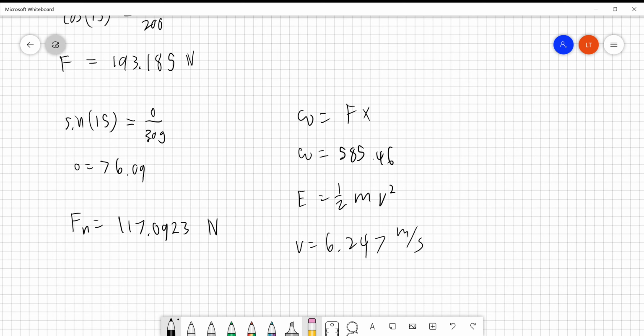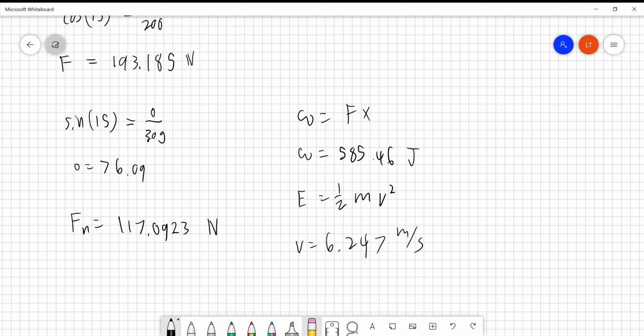And we know that energy is equal to 1/2 mv squared, and those units are also in joules. So to find the work, we simply take the force that is going up along the ramp and multiply it by the distance, which is 5 meters. That's given in the problem. And that gives us a work of 585.46 joules. Let me just put that in there real quick.